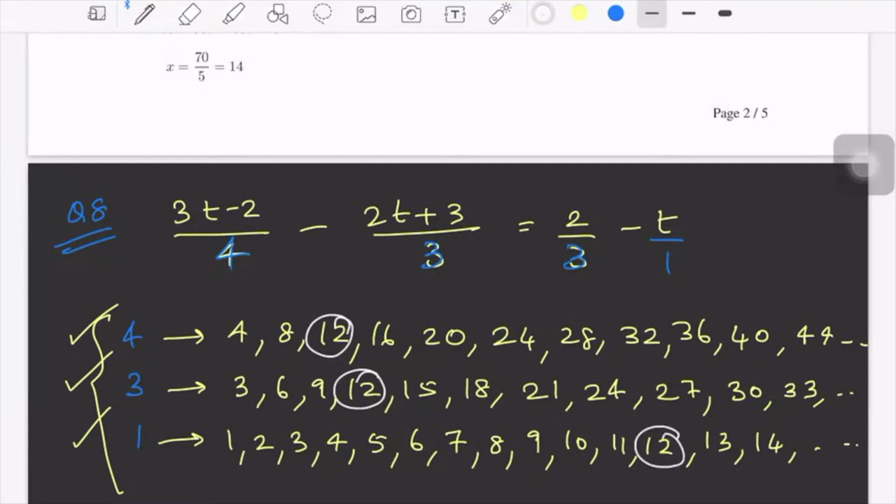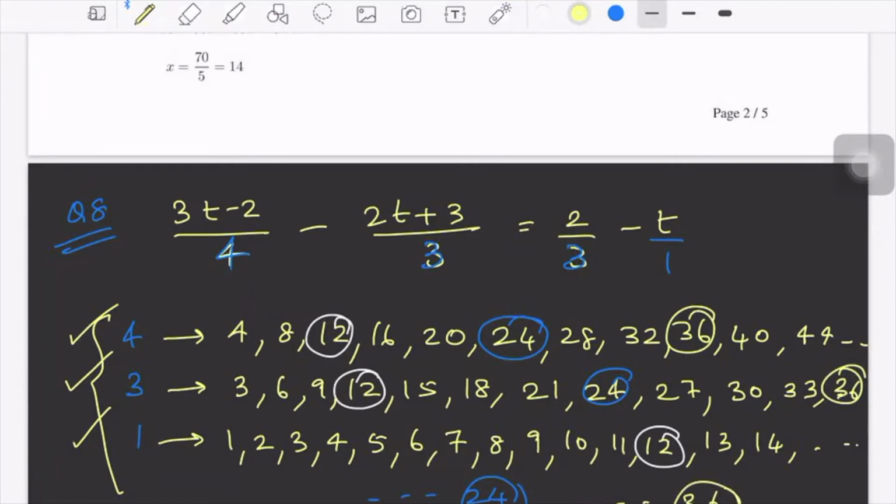Right? The first common multiple you encounter is 12. And of course, the next common multiple is going to be 24. 24 is here, and after some time it will be here as well. And similarly, the next one is going to be 36. 36 is here, and after some time it will be here as well.